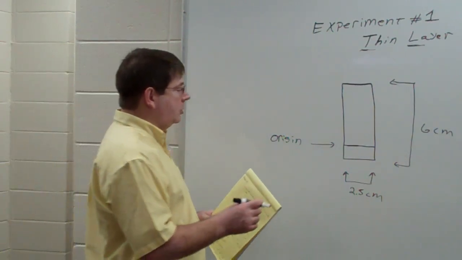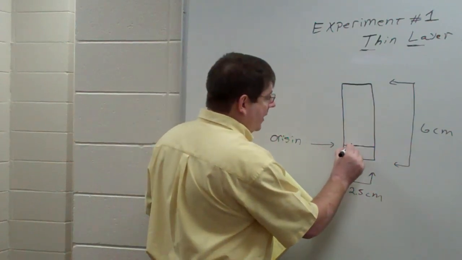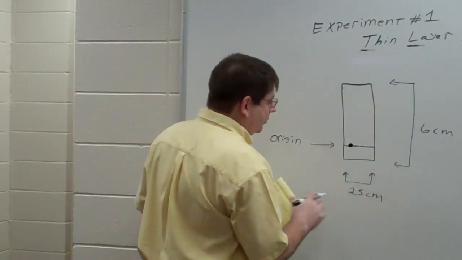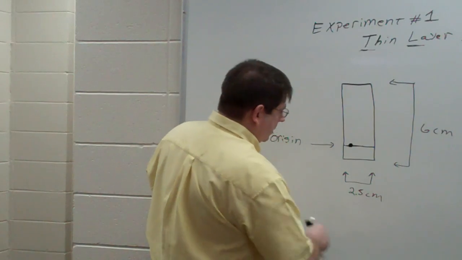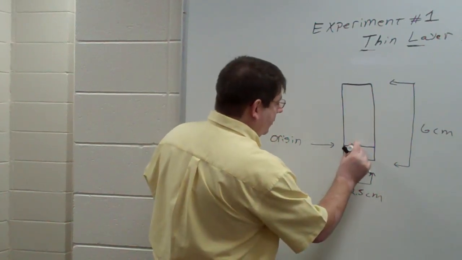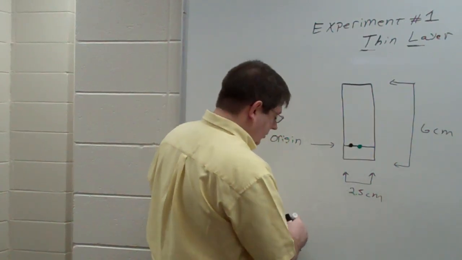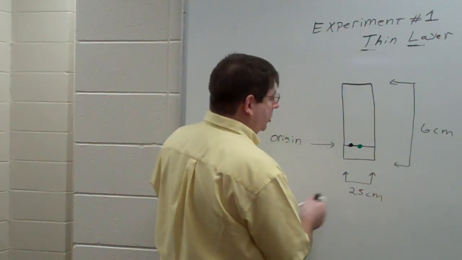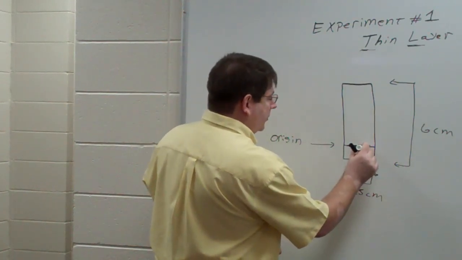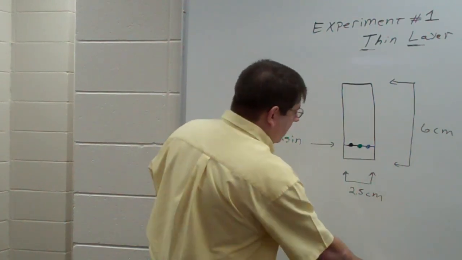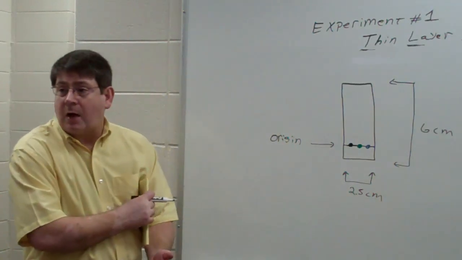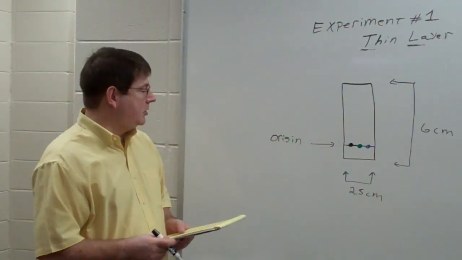Then what you will do is you will place spots of your compounds of interest. And I'm going to use black for one spot. I use green for a second spot just to show that there are different compounds. And then blue for a third spot. And typically on a 2.5 centimeter slide, you can get about 3 spots on a single TLC slide.